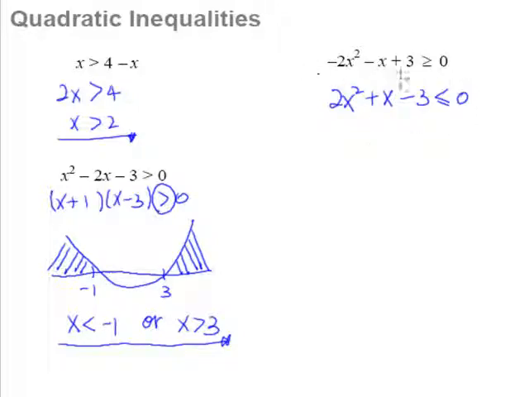Every time you multiply throughout by a negative number, you have to change the sign of the inequality.